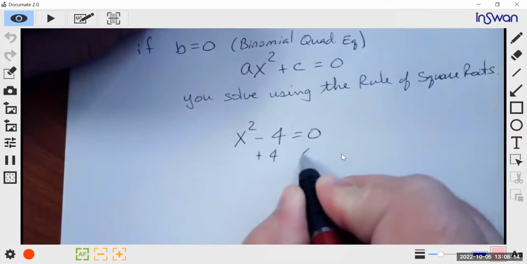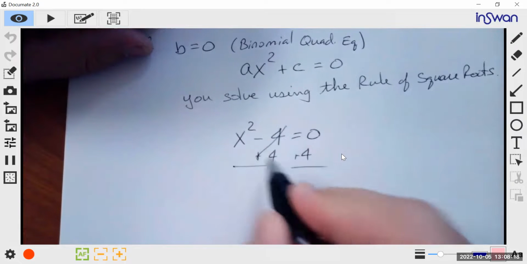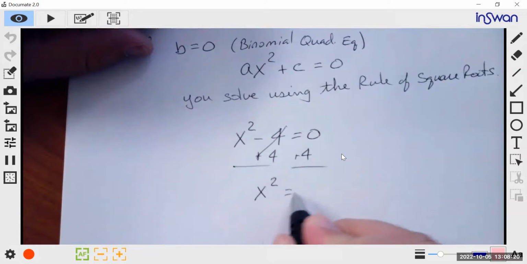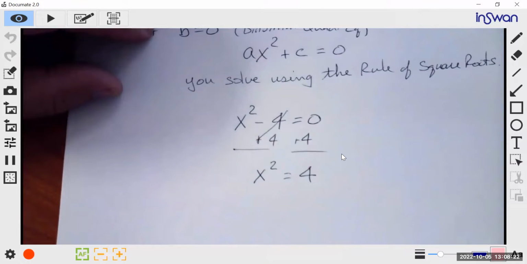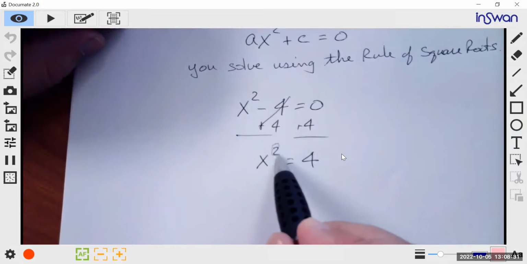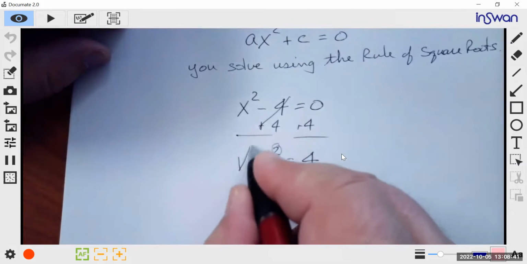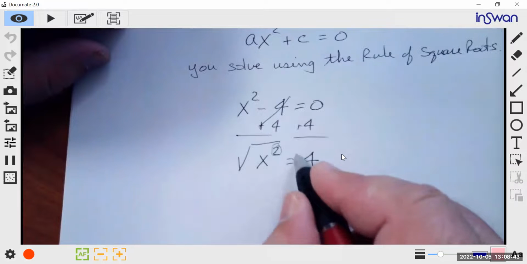Separate the x's from the non-x's. How do you get the x by itself? How do you get rid of the square? Square root, very good. You square root it because the square and square root are opposites of each other.